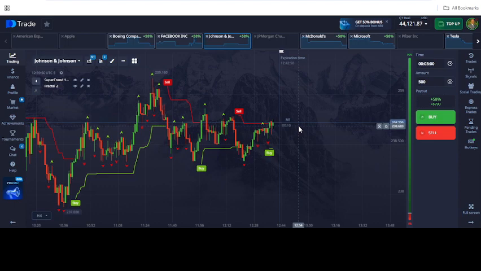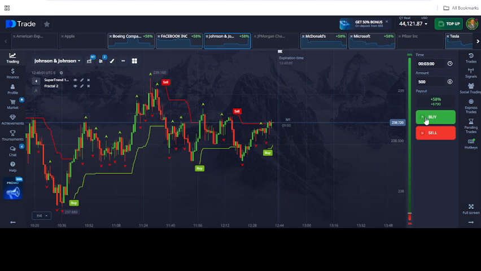Hopefully, it'll close above that line there. Okay, so I went ahead and took the trade. This previous green candle closed above this sell line here.